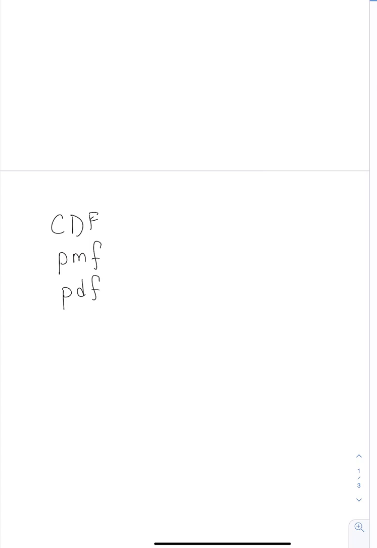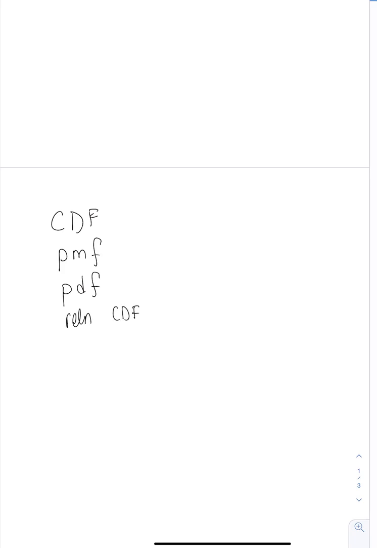And in both cases, we looked at the relation between the CDF and PMF. That one's easy. You just add up the probabilities to get the CDF. But in the continuous case, that's more involved. What you have is the derivative of the CDF is the probability density function.